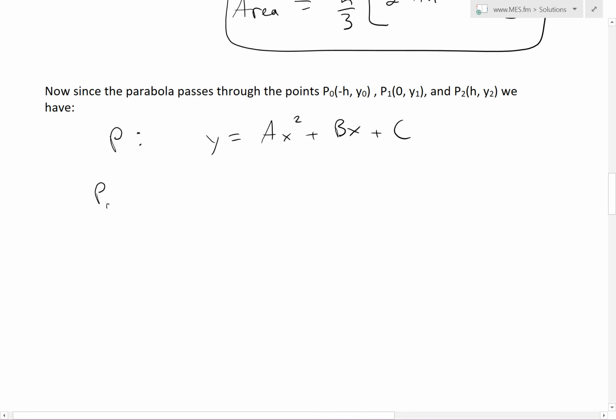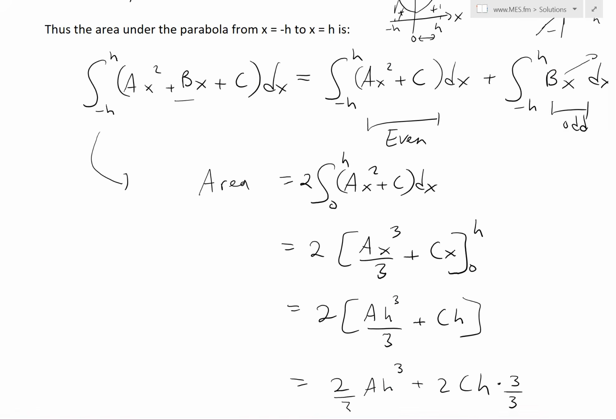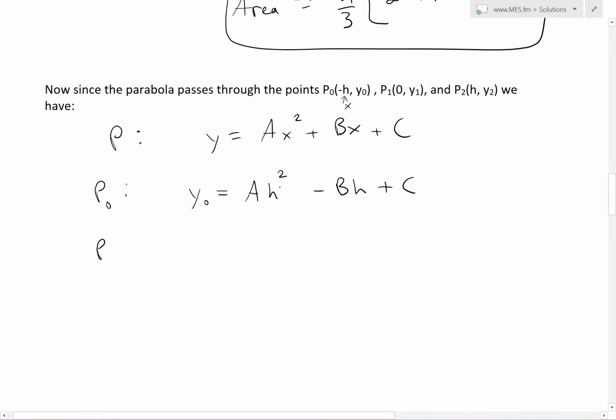Now the first point P0, that's going to be y0 equals a, and then put in negative h, that's our x. So we have a times negative h squared plus b times negative h, plus c. And this negative h squared is the same thing as h squared, like I explained before in this even part right here, because negative times negative is positive.